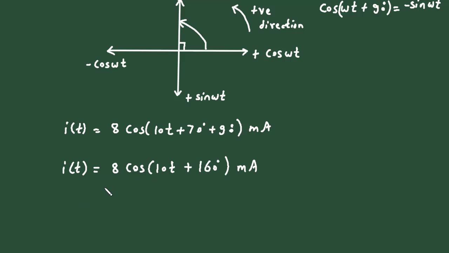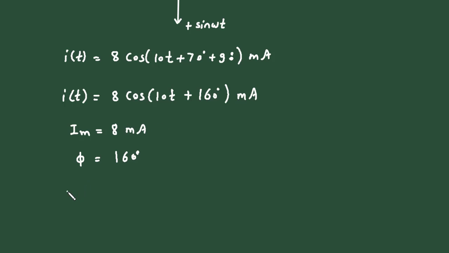Now the value of Im is 8, or we can say 8 milliampere actually, and the value of phi is 160 degrees. Now in phasor form, this will be I = Im at an angle phi.